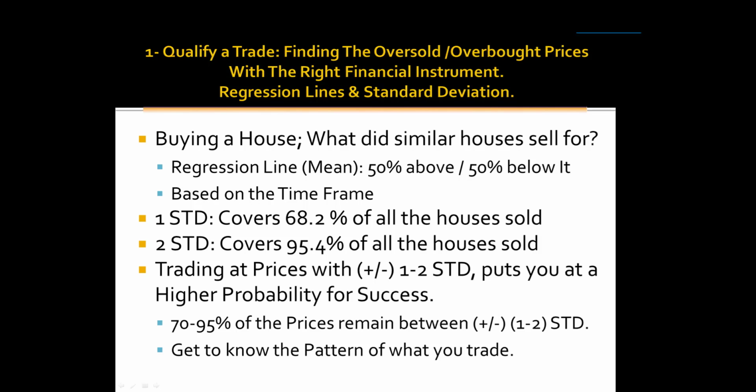Let's say you're going to buy a house, and you get an appraisal done, right? The appraisal may go back 3 months, 6 months, or a year, depending on how long you want it to be. They're going to come back and tell you, okay, there was a house sold at this price here, and a house sold at this price here.